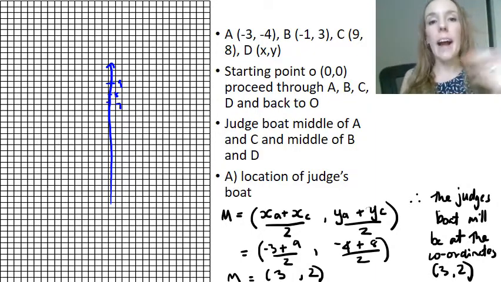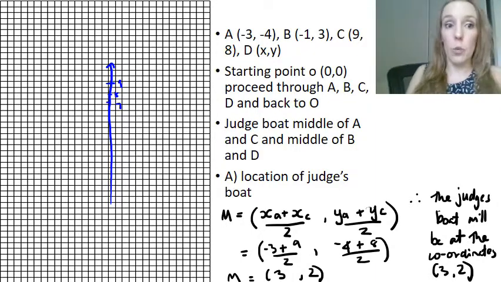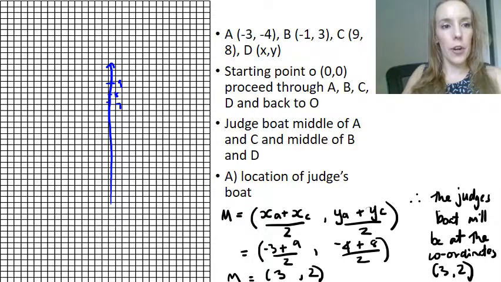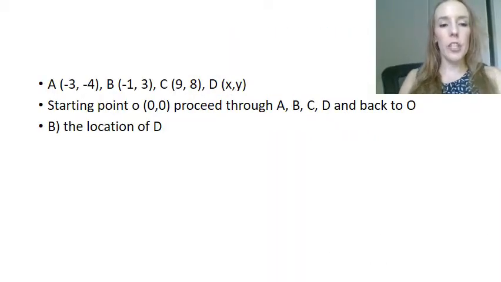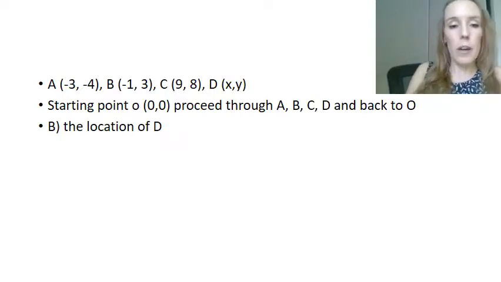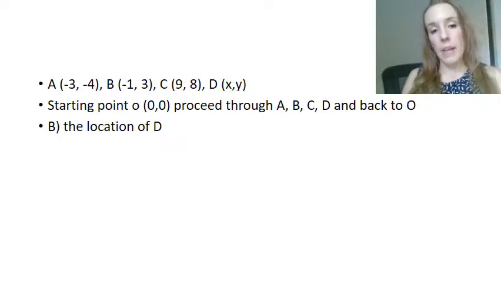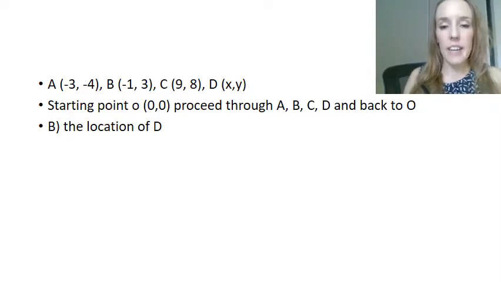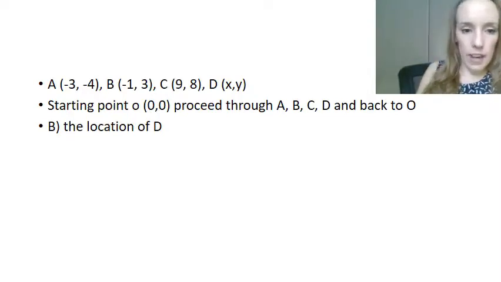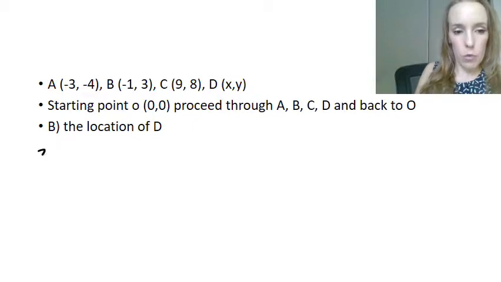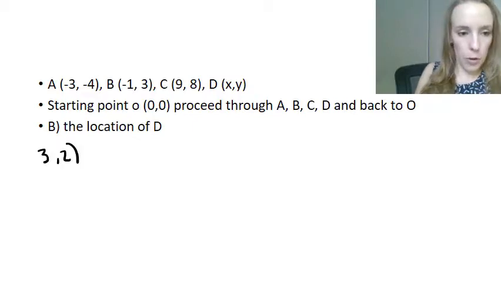So from there we can actually work out what the answer to our next question is. Our next question asks us to find the location of D. We know that the judge's boat is also in the middle of C and D, so it's going to be at the point 3, 2.